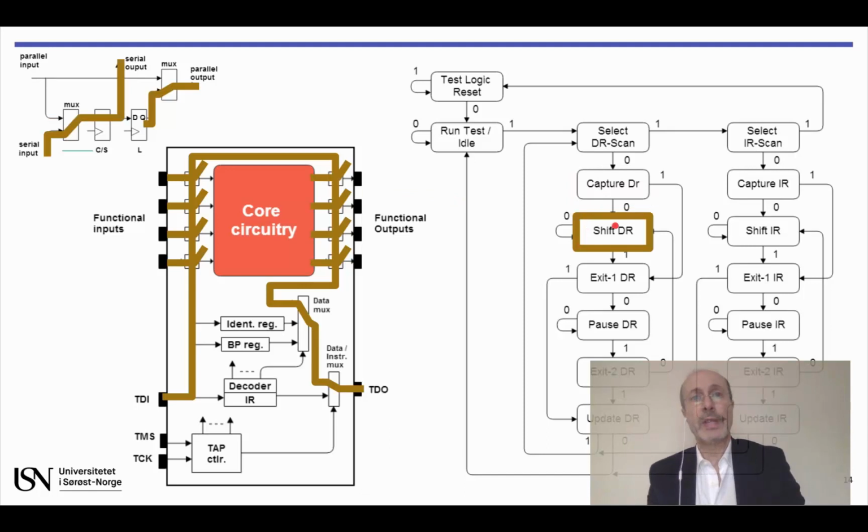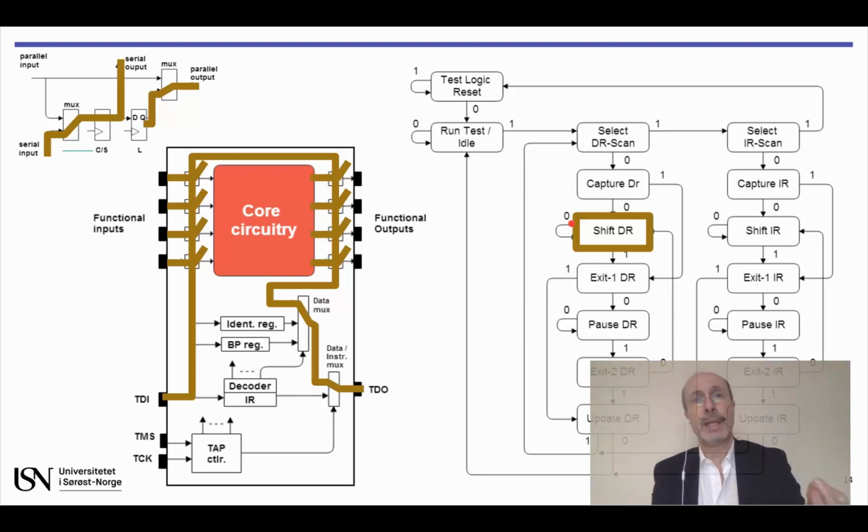So at the next rising edge of the test clock, all the flip-flops in the capture shift stages will capture the value coming from the parallel input of the cell, and we will move into the shift data register state if TMS is driven to 0. The capture shift stage multiplexers will now select the lower input as shown here on the top left, since we are about to shift in a new test vector.